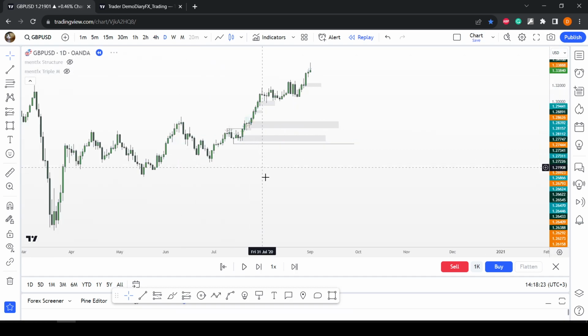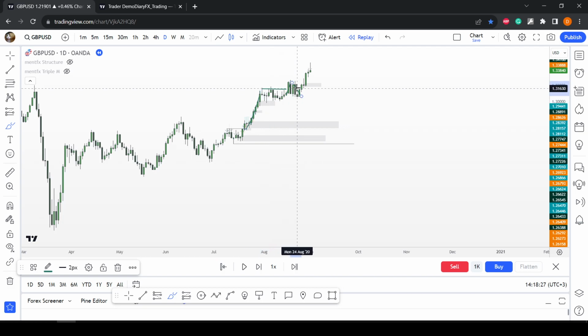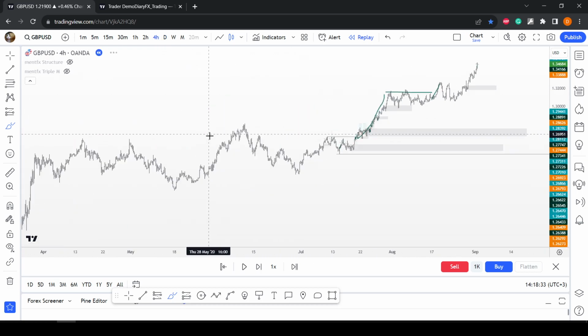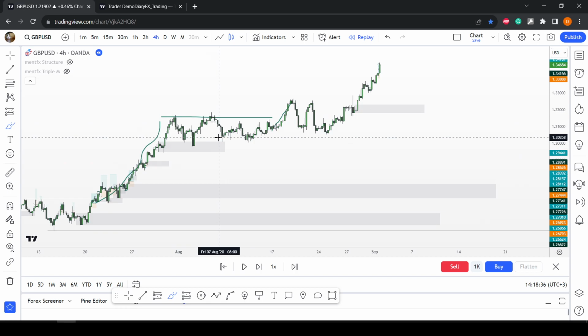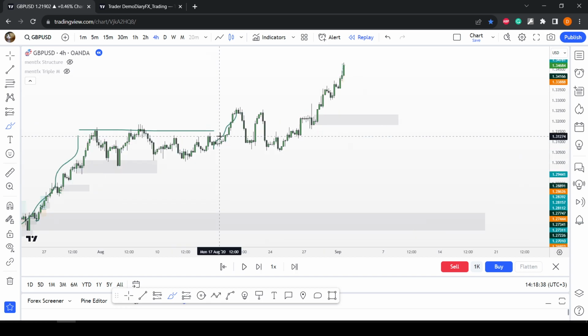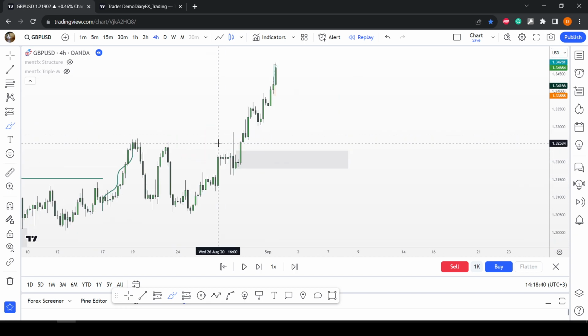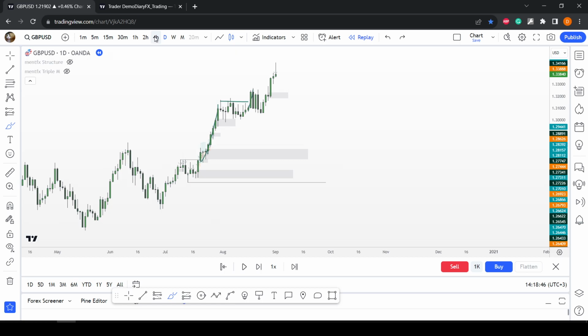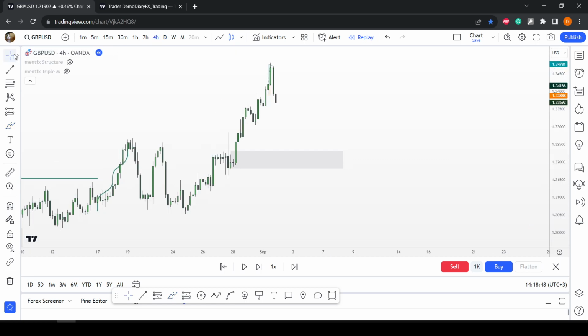And what we did there is created this impulse, correction, impulse, and now probably impulse to the upside. However, I mean, this all starts to look overextended based on ICIs and based on structure as well. Impulse, correction, impulse. But at least we need to have some tightening before continuation.